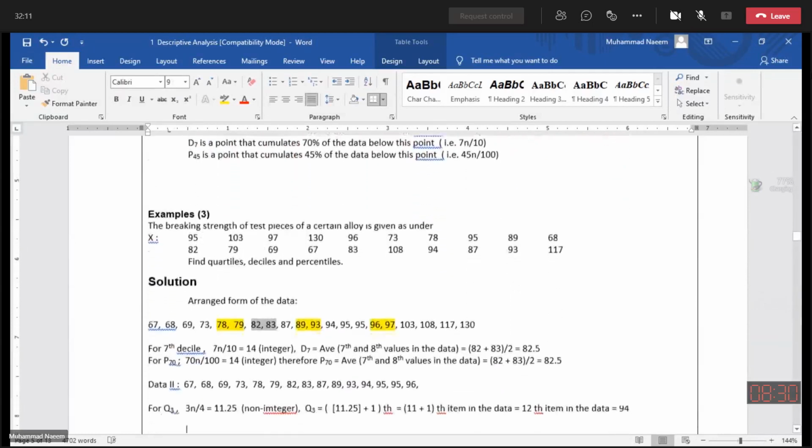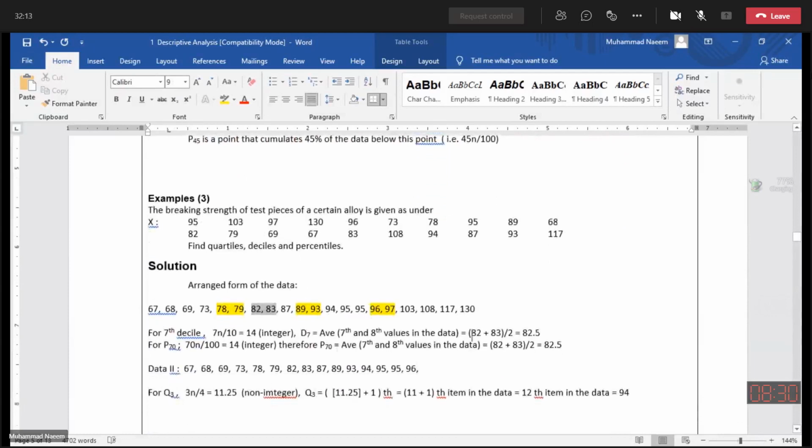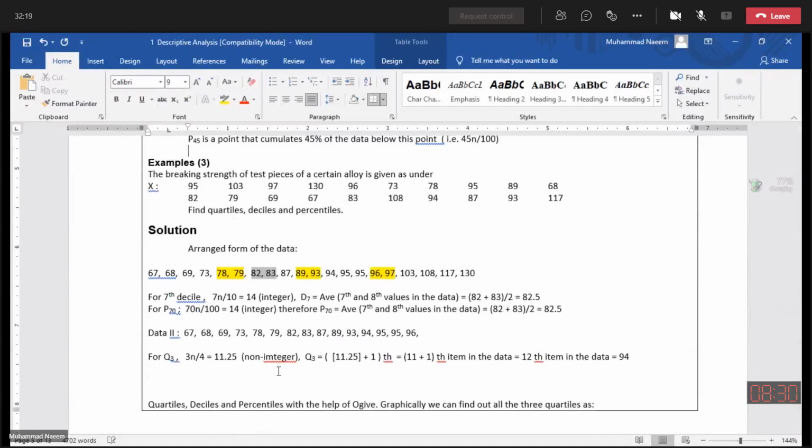Now discuss this example. Let's say we have data of 20 values, find different quartiles, deciles or percentiles. So first of all, we must arrange our data.